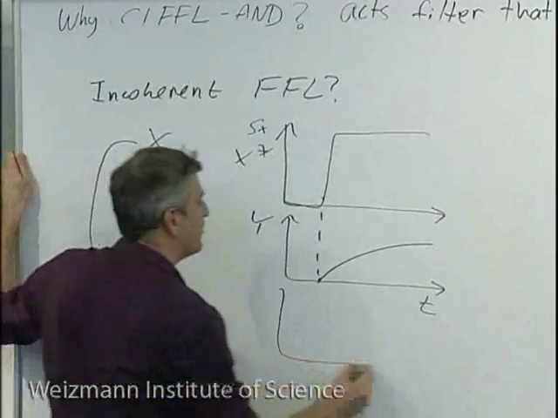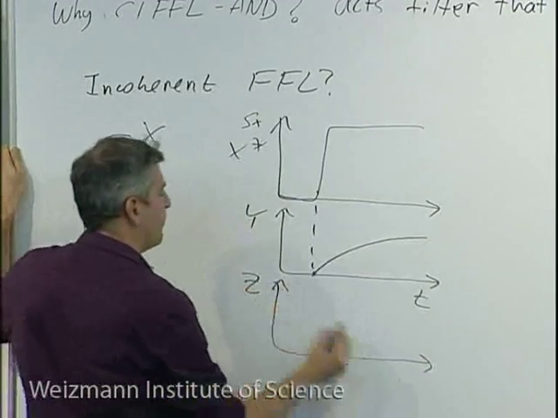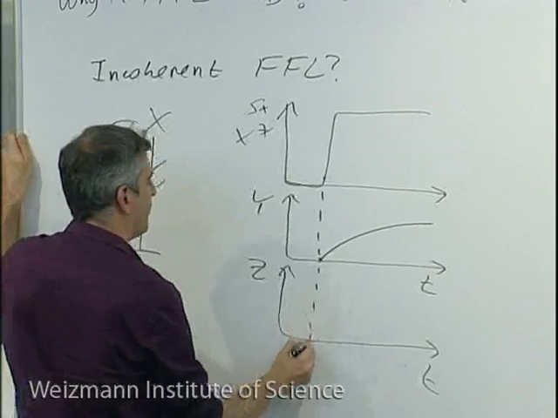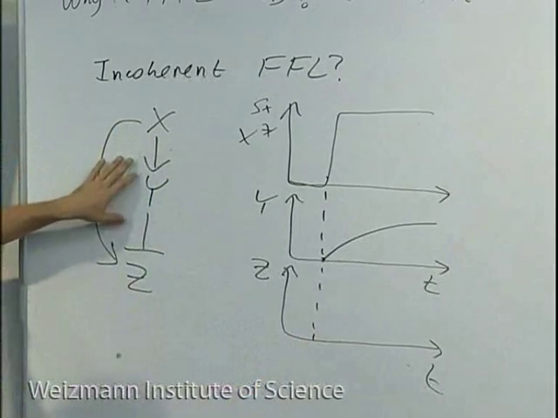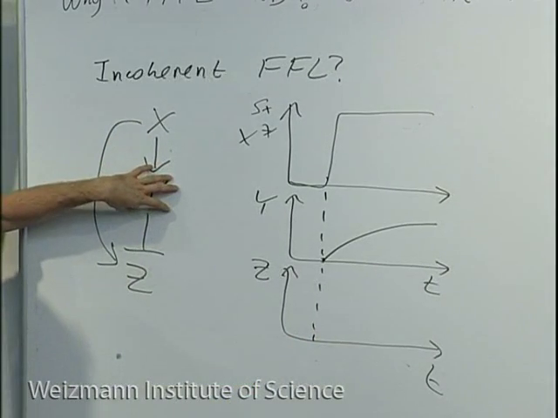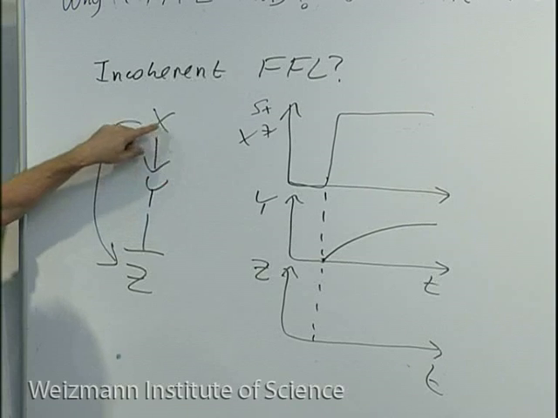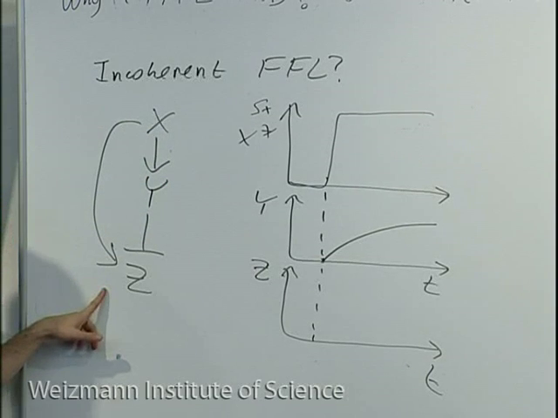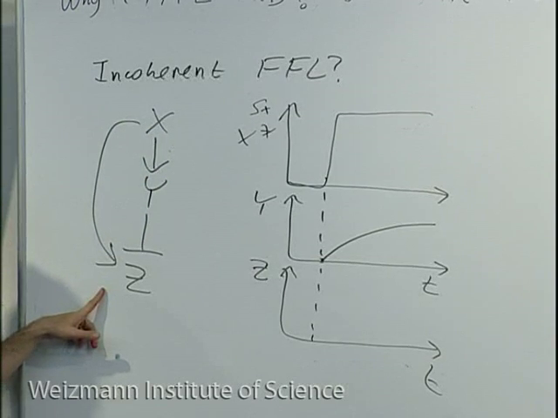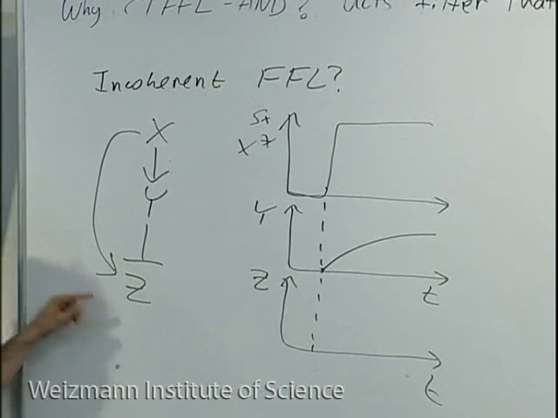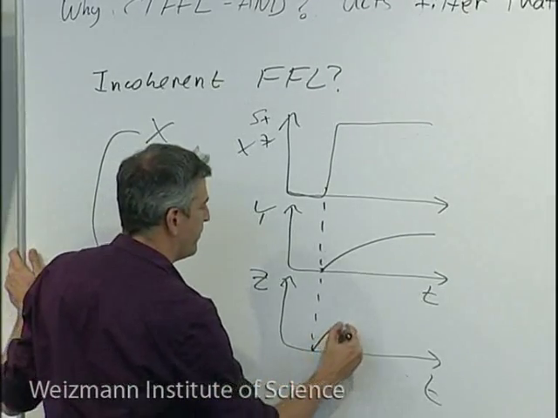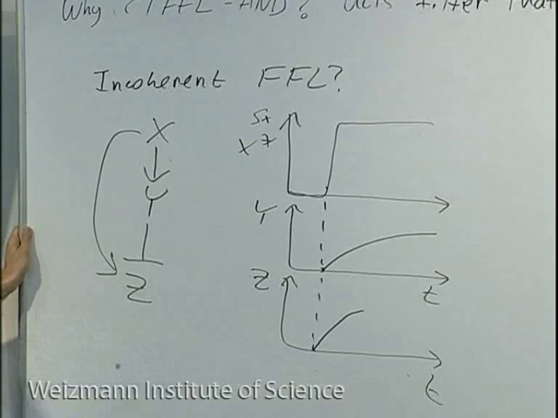What happens to Z? In the beginning, there's no repressor, and there is an activator. There are not many choices here. What happens to Z? It starts being made.